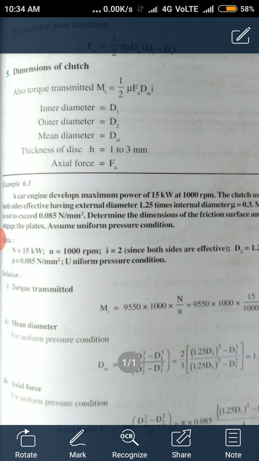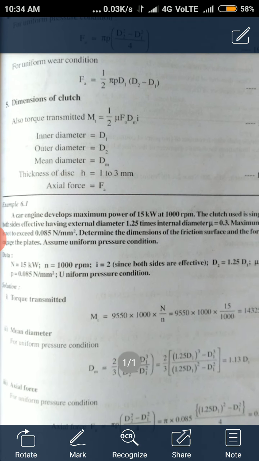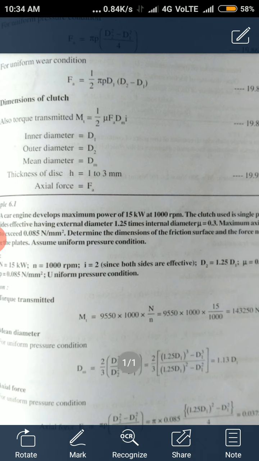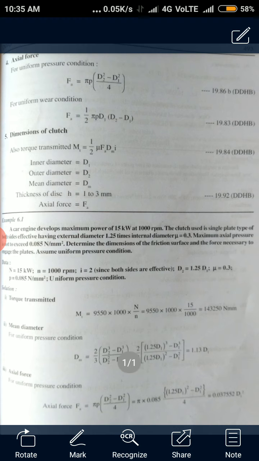Next, first we'll determine the torque transmitted. MT equals 9550 times 1000 times capital N by small n. Substituting here, we get 143,250 Newton mm. Next, the second parameter, the mean diameter.